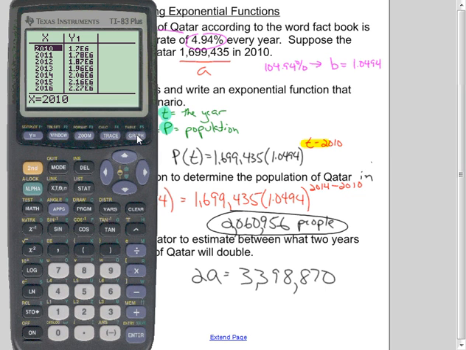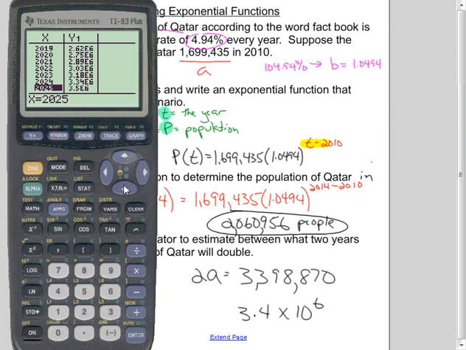And I'm looking for a scientific notation here that is 3.4-ish times 10 to the 6. So I just need to scroll down and look for 3.4-ish times 10 to the 6, and it seems that that is going to happen between the year 2024 and the year 2025.